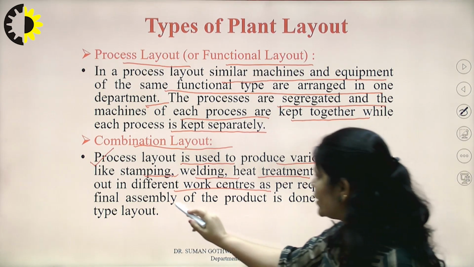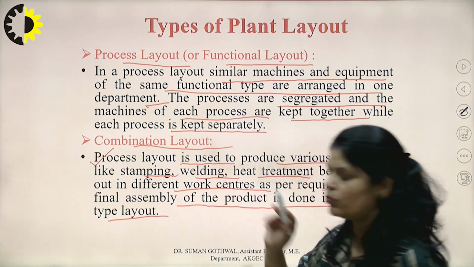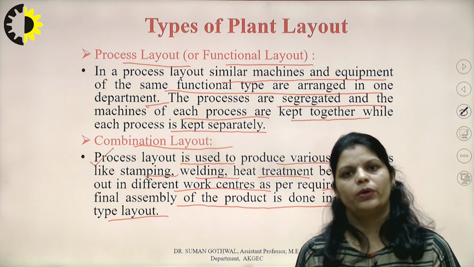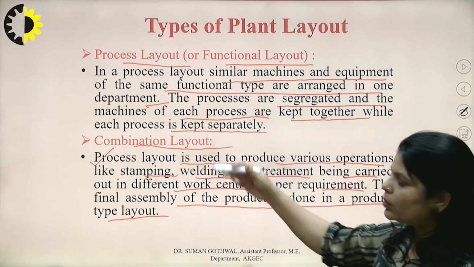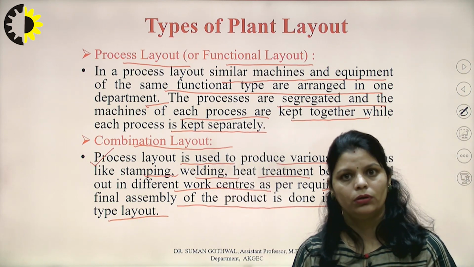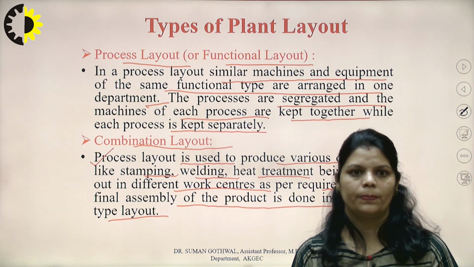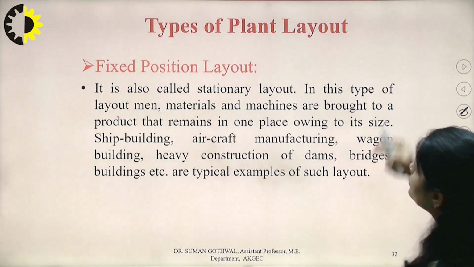But the final assembly of the product is done in a product type layout. So we are molding the layout as per the requirement of the industries. We are using both the process and the product layout here, so it is the combination of both the layouts. Clear?